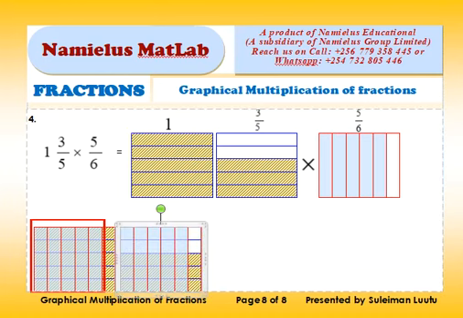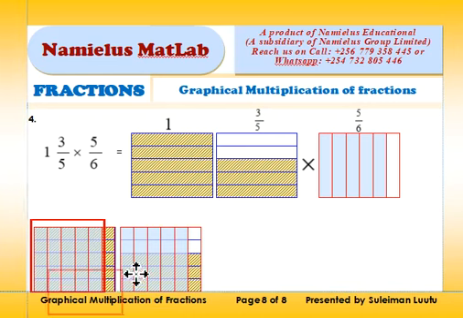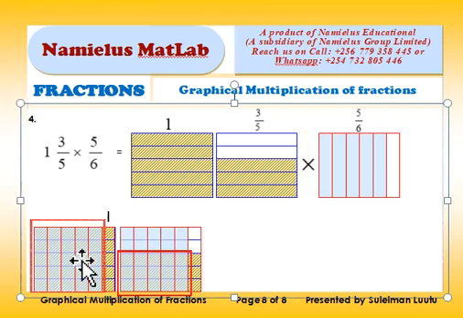And now let's look at the region which is shaded twice. If you look at it here, let's have that region which is shaded twice. It is here. And now we are going to start the counting. When you count here, you are going to see the squares.